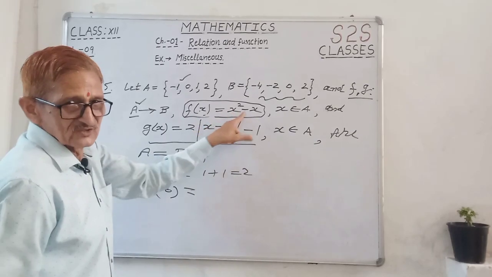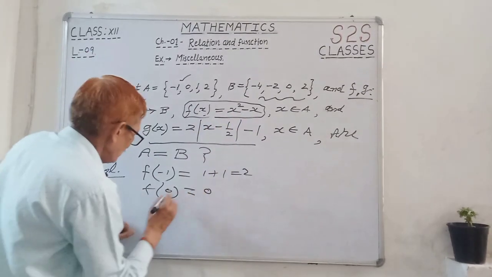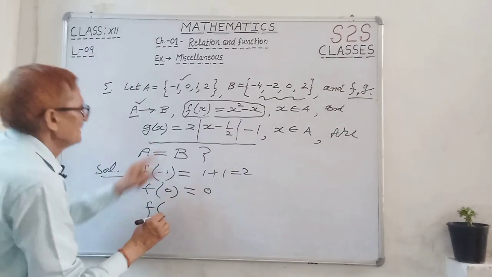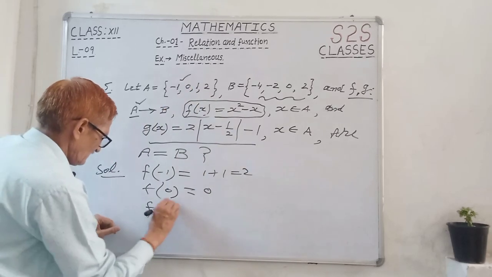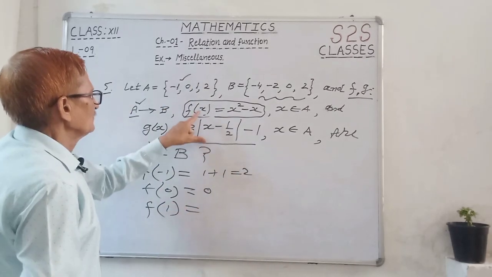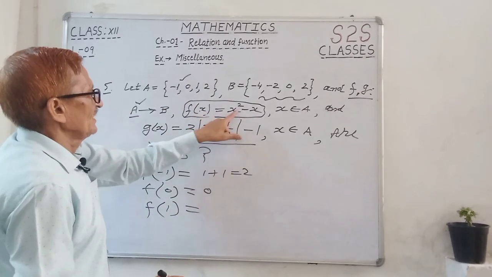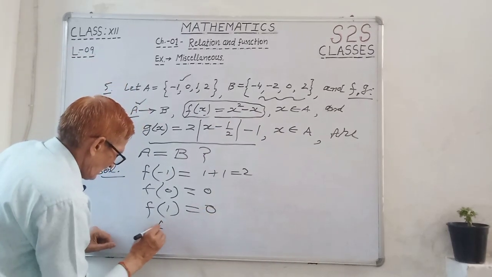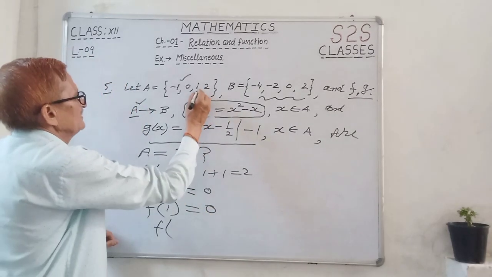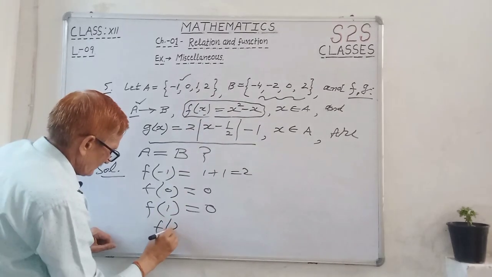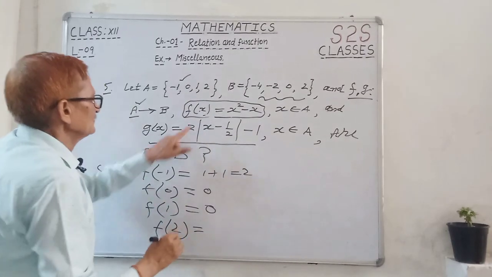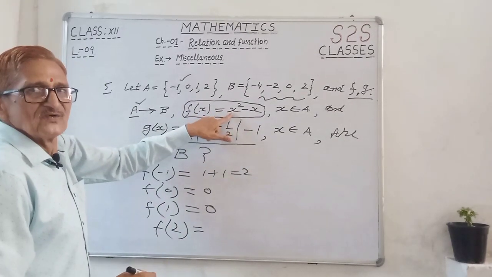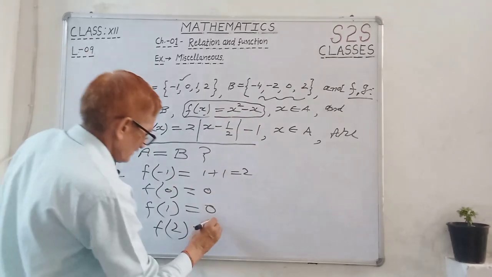Now for the second element 0, putting x is 0: 0 squared is 0, 0 minus 0 is 0. Then the third element, putting x equal to 1 in the function: 1 squared is 1, minus 1, then again 0. Then the fourth element 2, f(2): 2 squared is 4, 4 minus 2 is 2.